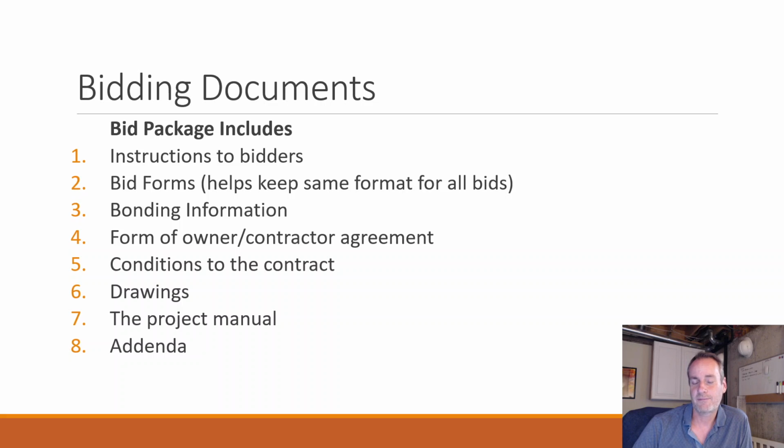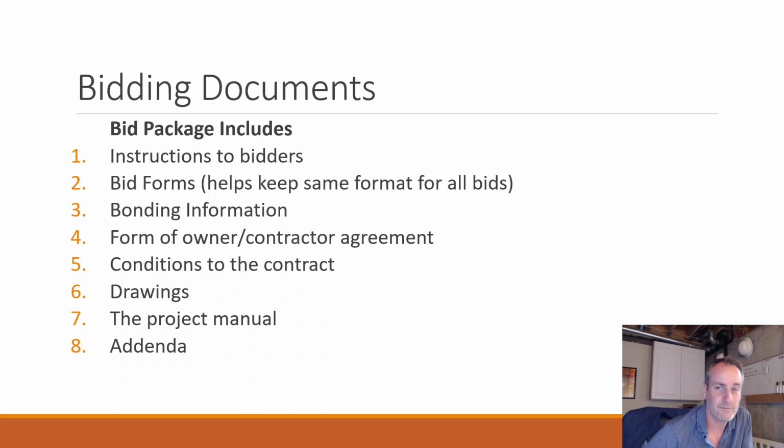And this is really to keep the formatting looking all the same, because these bid proposals can be kind of thick sometimes. And if you're trying to compare company A versus company B, you want to look at what each line item is going to look like so you can compare apples to apples, right? These forms just make it a little more uniform so that everyone's bids look the same.